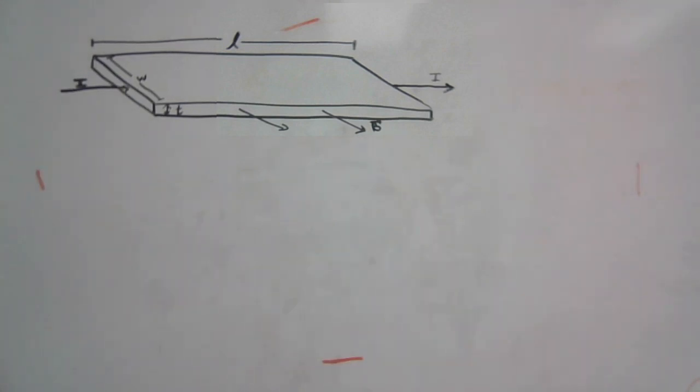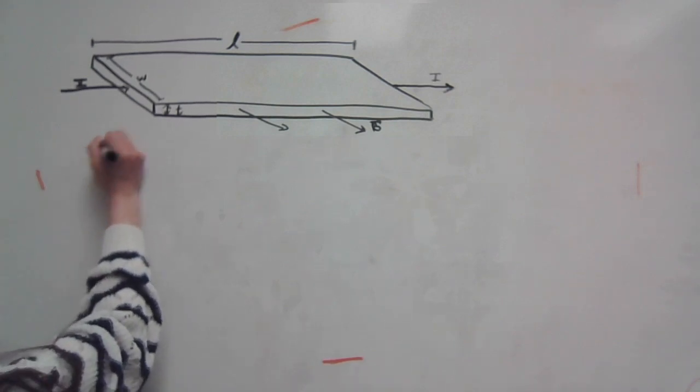So now we move on to part B. Find the resulting potential difference, the Hall voltage, between the top and bottom of the bar in terms of the magnetic field B, v, the speed of the charge, and the relevant dimensions of the bar. So to find this potential difference, we can use this equation.